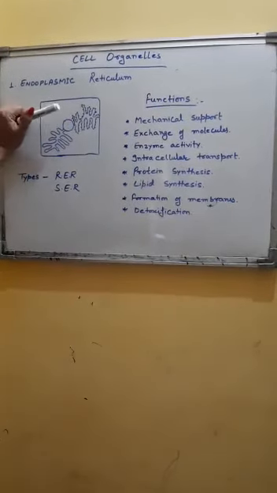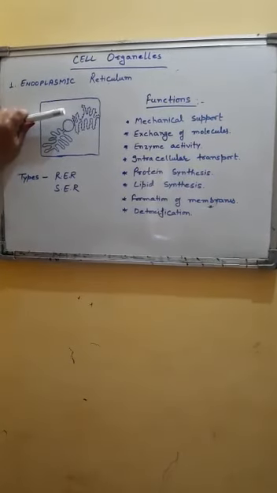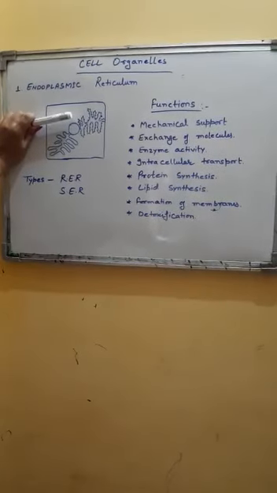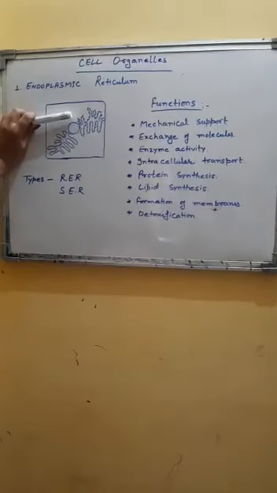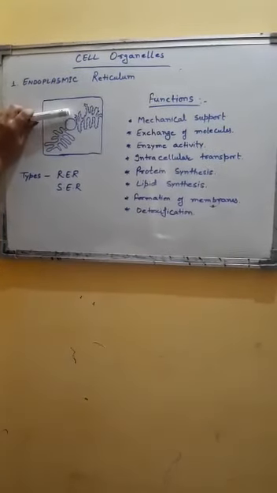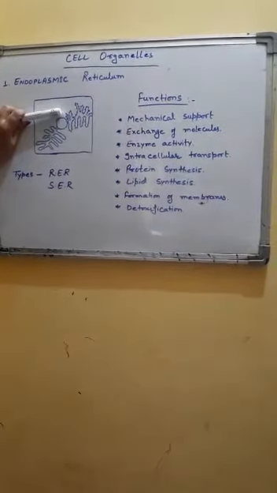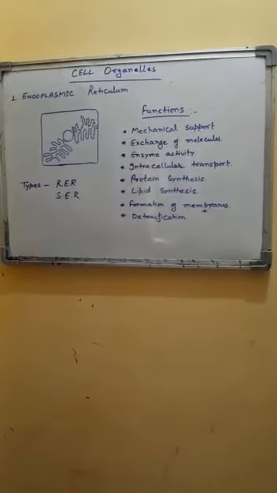You can see over here I have drawn them with red spots. Ribosomes are present on the surface of the endoplasmic reticulum, giving it a granular appearance, and that's why it is called RER, that is rough endoplasmic reticulum.